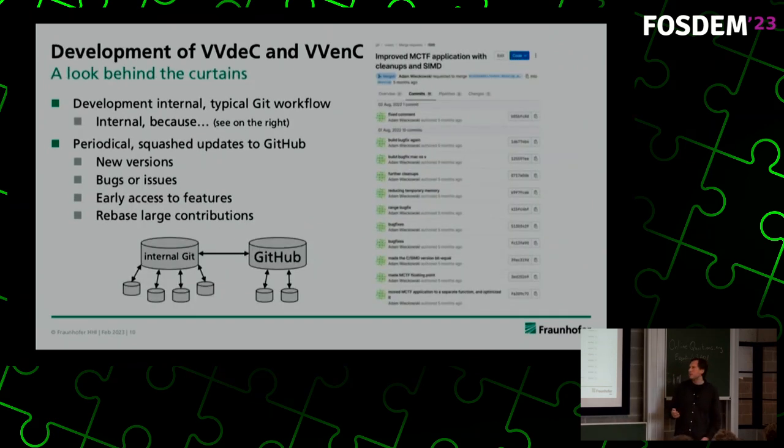All right, so how do we do the development? The development is done internally at HHI. We have our own main Git repo from which we push squashed updates to the GitHub repo. Why is it internal?